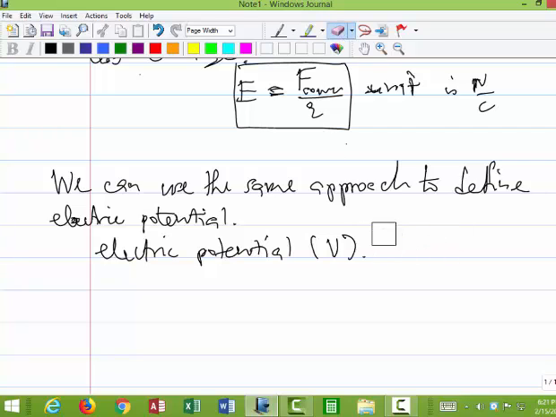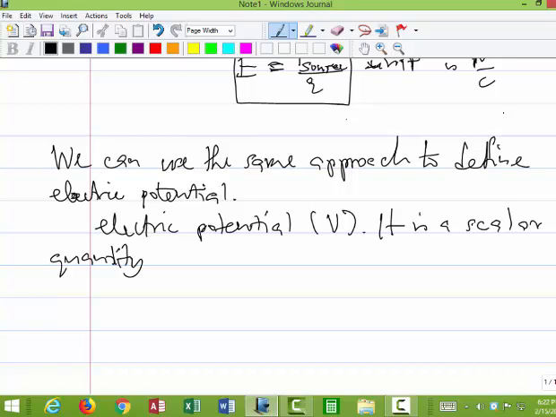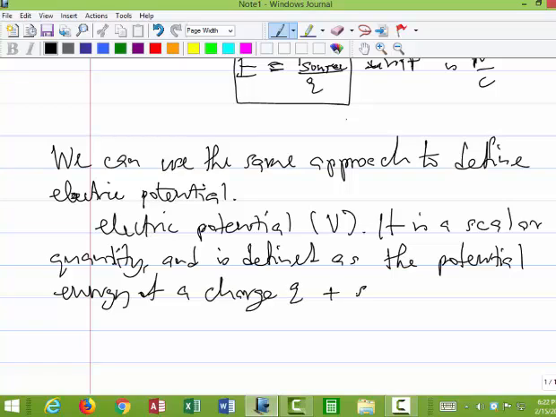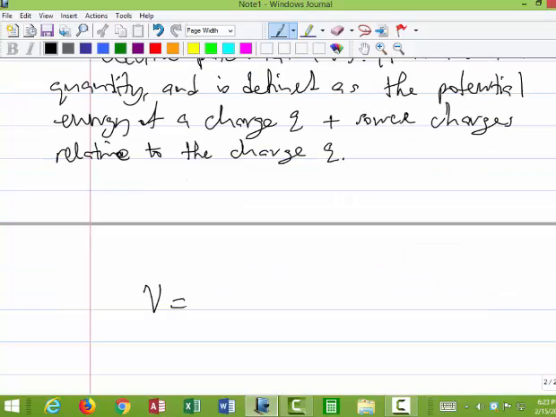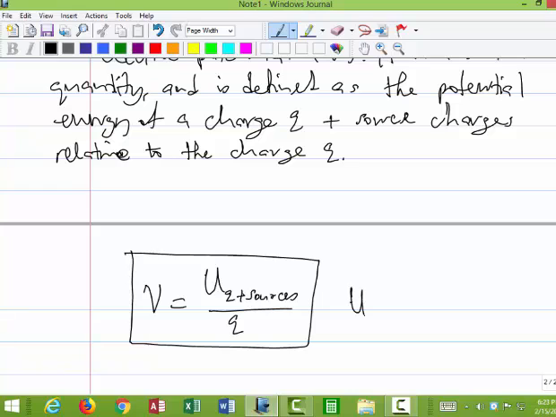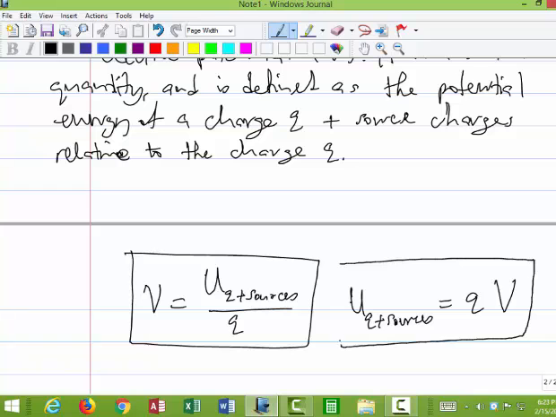It's defined as the potential energy of a charge Q plus other source charges relative to the charge Q. So we can say the potential V is equal to the potential energy of Q plus sources divided by Q. So the potential energy of Q plus sources is therefore equal to Q times V. That's another way of writing it.